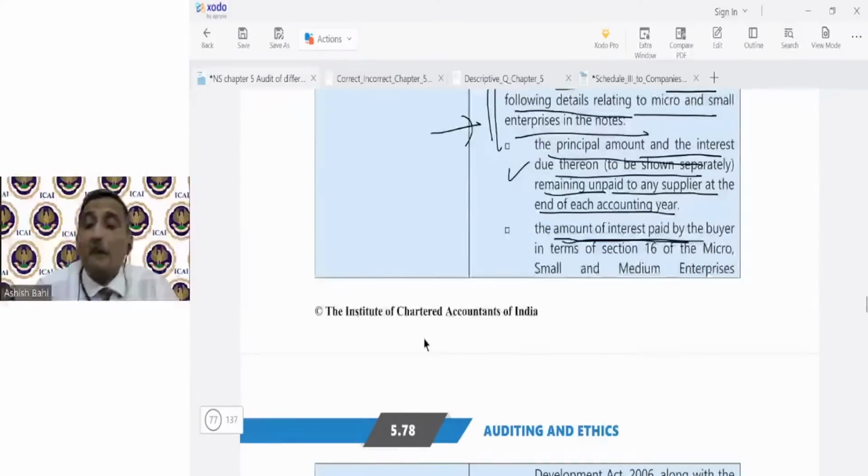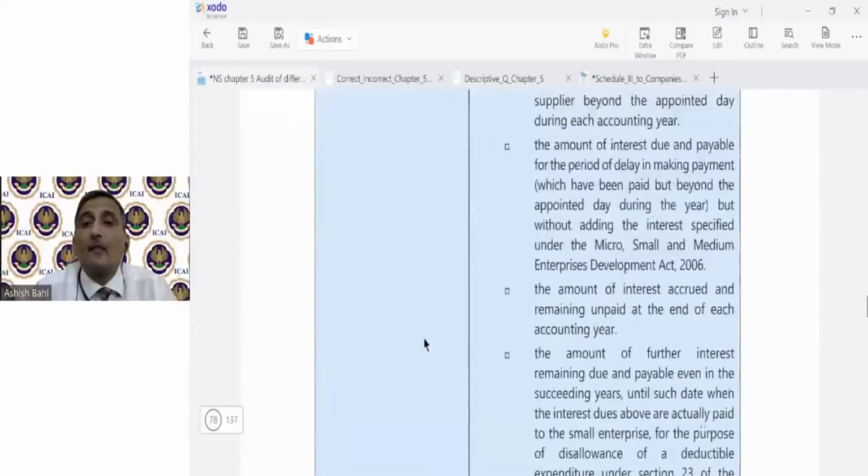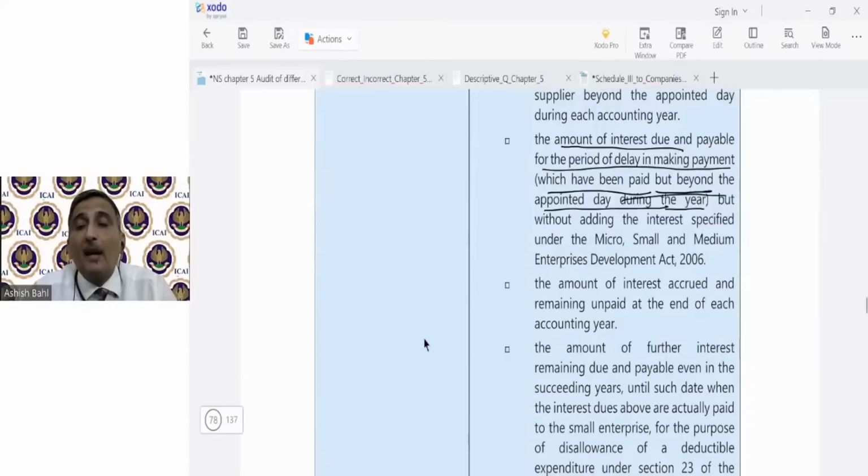If the interest has been paid, the amount of interest paid by buyer. The amount of interest due and payable for the period of delay in making payment, which have been paid but beyond the appointed date during the year. So if some interest has been paid but it is beyond the appointed day, meaning the day at which the payment was to be made.